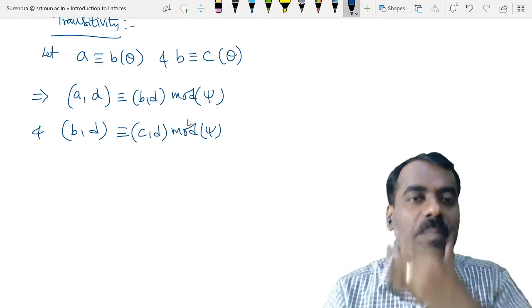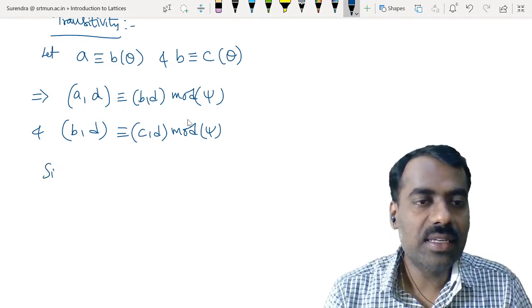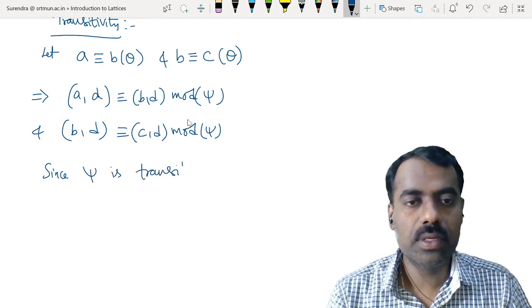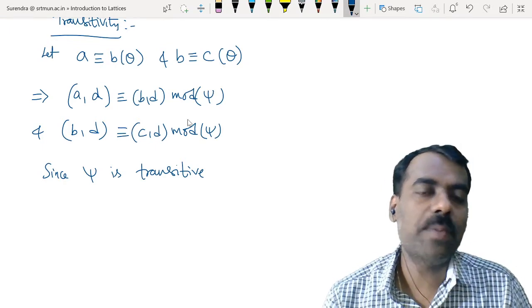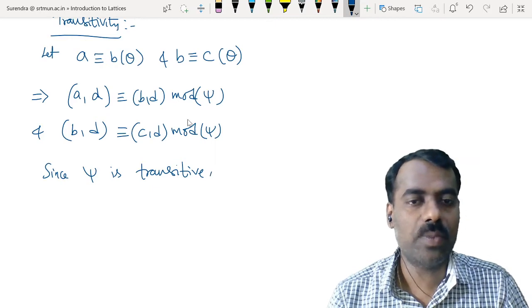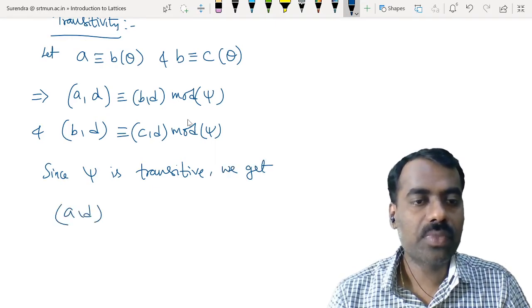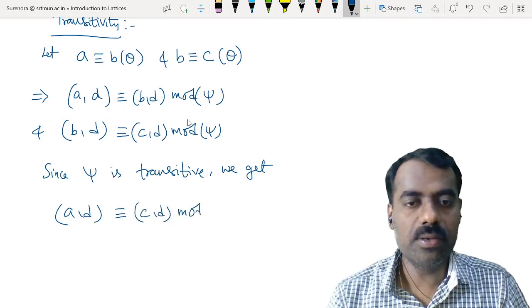Since our psi is transitive, if you have some D1 here and D2 here, then you cannot apply the transitive property, but we have made it same D, so we can apply the transitive property. What we get? We get that A comma D is congruent to C comma D modulo psi.